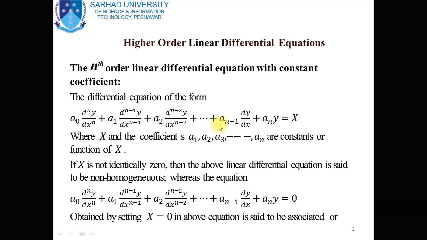One form is that sometimes the coefficients a0, a1, a2 are constants and not functions of x, and the right hand side function of x is 0. If the right hand side function is 0 and all the coefficients on the left hand side are constant, then the equation will be a homogeneous linear differential equation of higher order with constant coefficients.